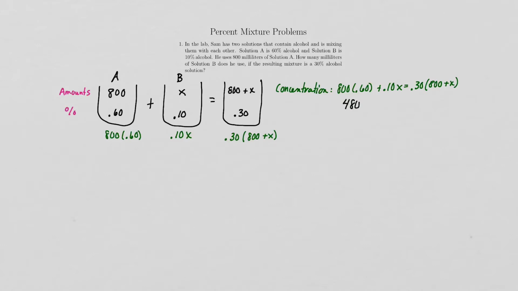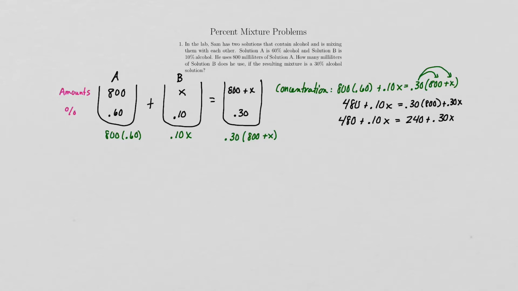So I have 480 plus 0.10x equals, I need to multiply the 0.30 times the 800 and the 0.30 times x. So I'm going to have 0.30 times 800 plus 0.30x. If I multiply 0.30 times 800, we end up with 240. So I have 480 plus 0.10x equals 240 plus 0.30x.